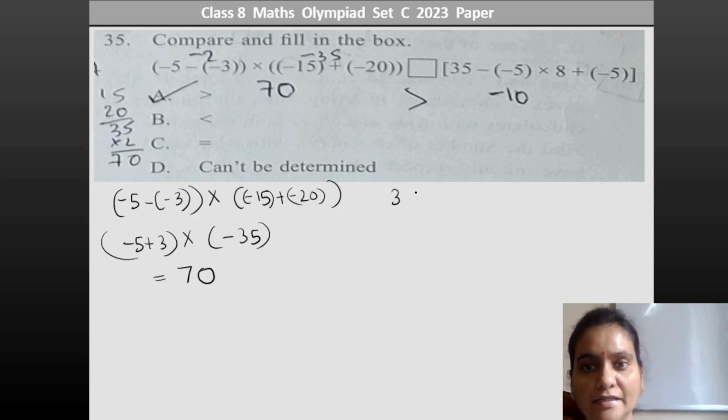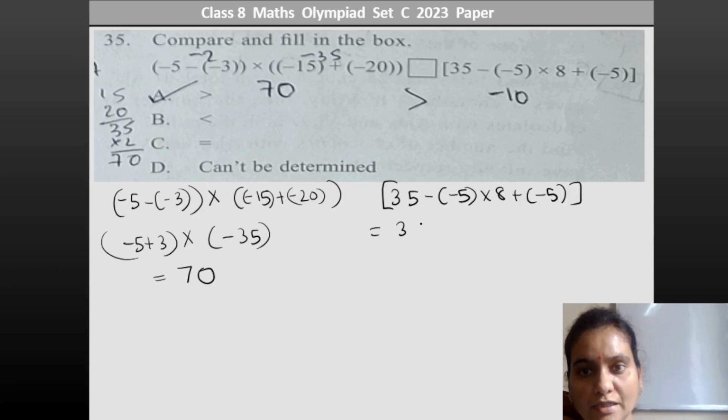Now the right hand side: 35 minus of minus 5 into 8 plus minus 5, whole thing inside square brackets. So 35 I'll write here. Then first precedence will be given to multiplication. So minus of minus 5 is plus 5, into 8 is 40, right?